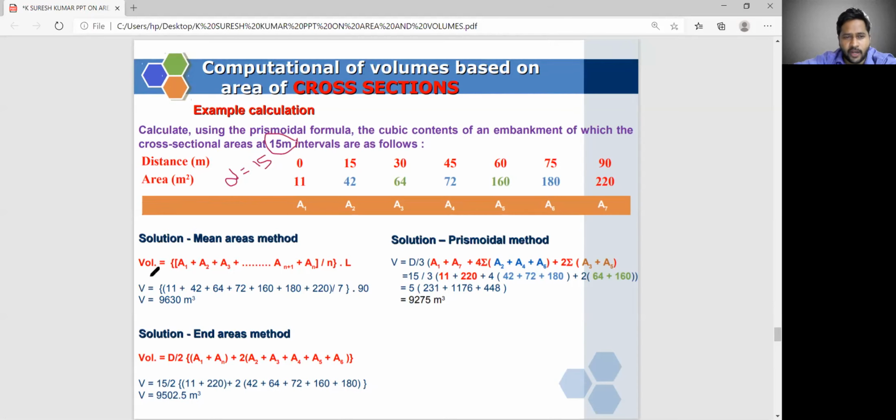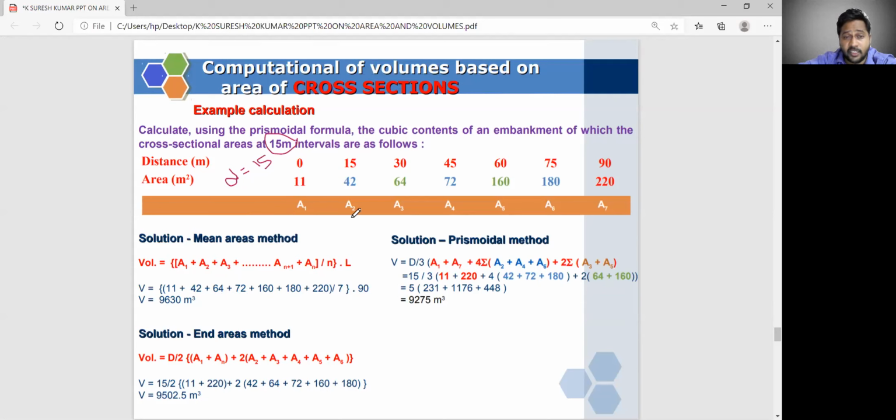So the volume equals (A1 plus A2 plus A3 up to An plus 1) by n into L. I am taking all the areas 11, 42, 64, 72, 160, 180, 220, divided by how many? 7. Here n is the number of ordinates, that is 7, into 90.